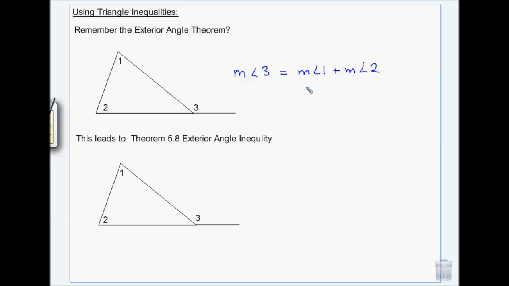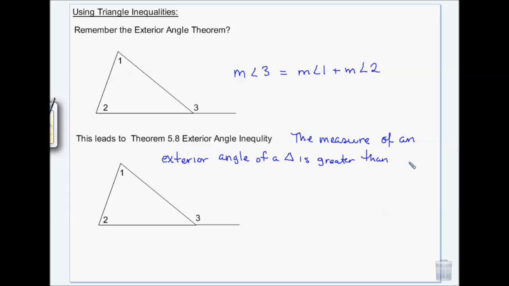Well, if angle 3 is equal to 1 plus 2, then that leads us to 5.8, the exterior angle inequality, which states that the measure of an exterior angle of a triangle is greater than the measures of either corresponding remote interior angles.